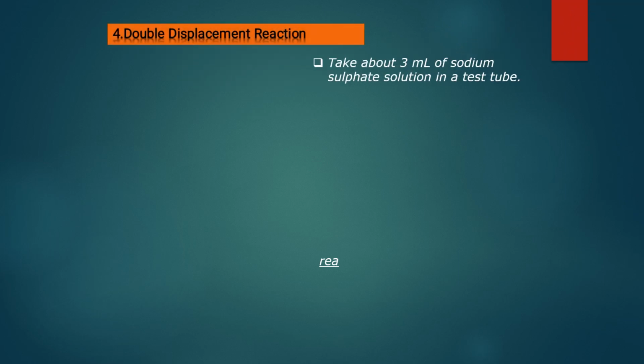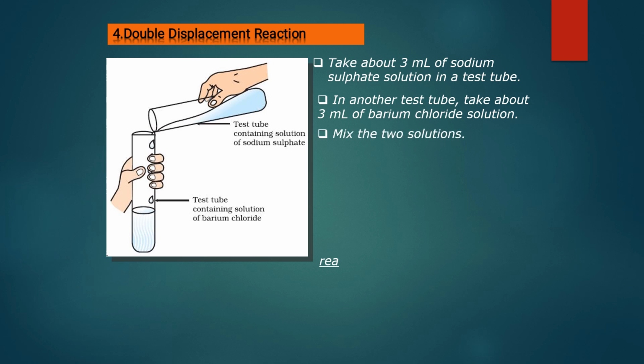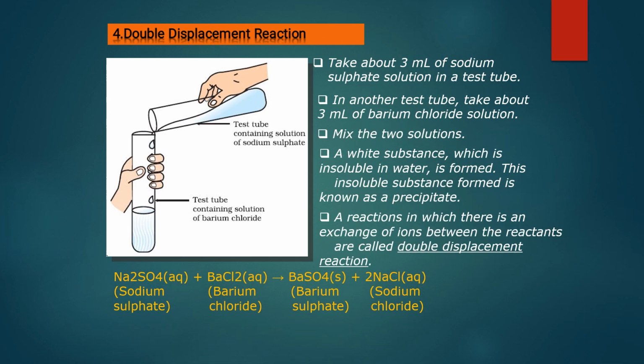The next type of reaction is double displacement reaction. A double displacement reaction is a reaction in which there is exchange of ions between the reactants. Let us look at this reaction making use of an activity.